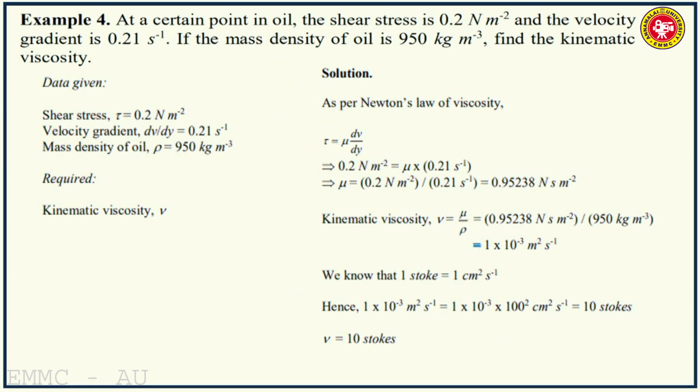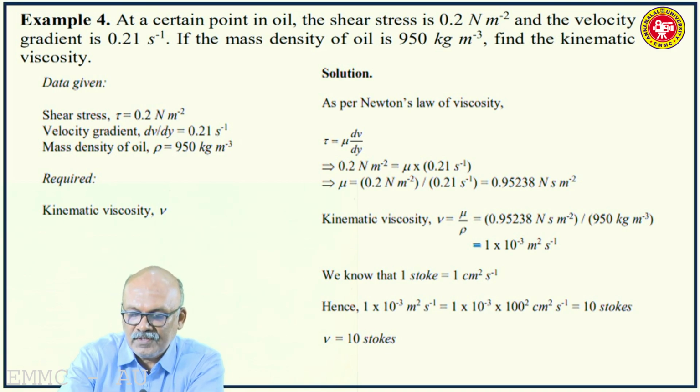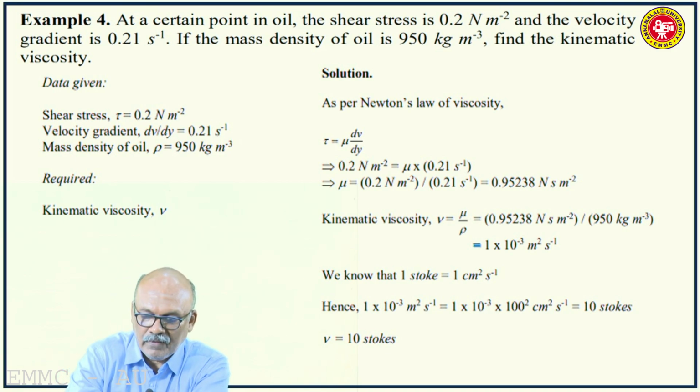So let us go to the next problem, which involves kinematic viscosity. So at a certain point in oil, the fluid is oil, the shear stress is directly given. So tau is given. Tau is equal to 0.2 Newton per meter square.